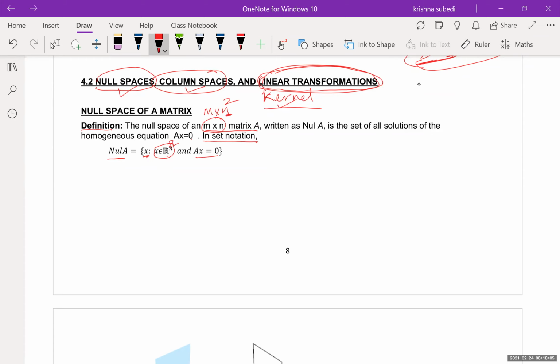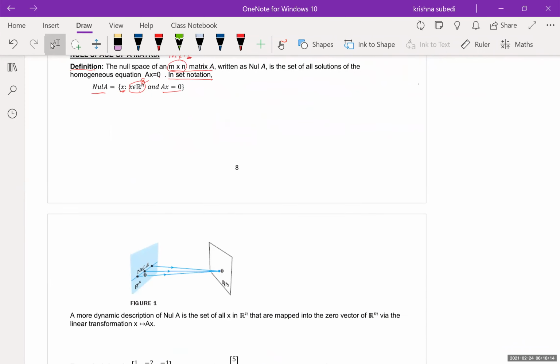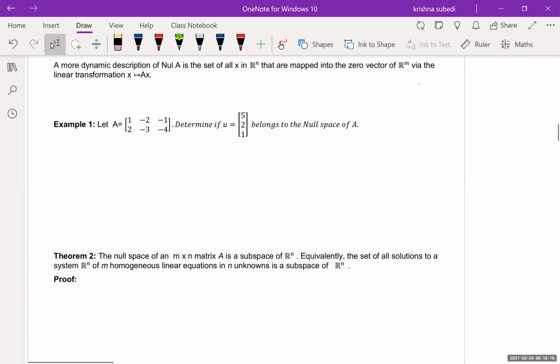Just by looking at the definition, it may not make sense to some of you. That's okay, don't worry. We're going to do this with an example, and hopefully it will make sense. Now let's look at this example. Example 1. Let A be the matrix given here, and we are given a vector U. Now we want to check whether U belongs to the null space of A. So how do we check it?